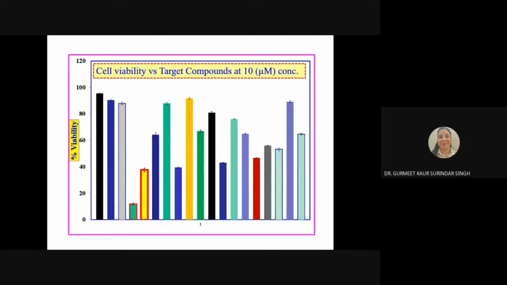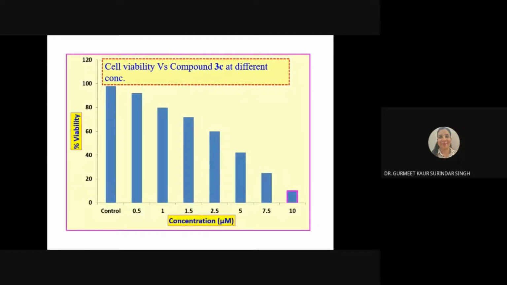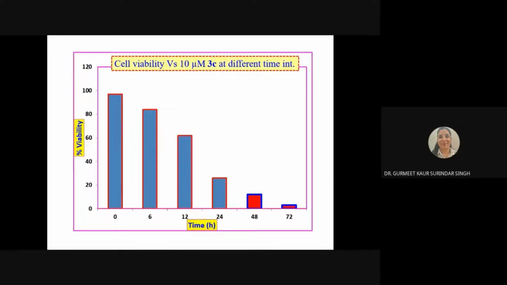These are the results which we obtained at different concentrations of the target compounds. We used all of our 16 compounds at the same concentration, 10 micromolar, and we found that 3C and 3D are the most interesting of them. We took 3C itself and tested it at different concentrations, and we found that at 10 micromolar it reduces cell viability to less than 20% compared to the standard control drug.